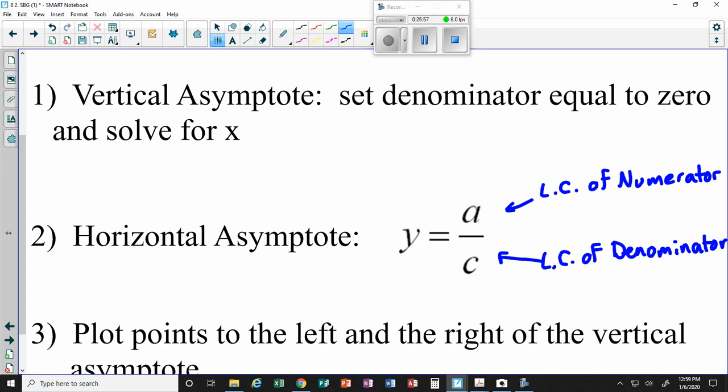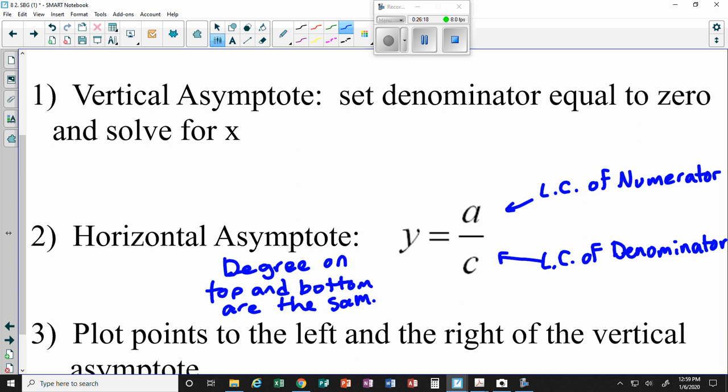Okay? Now, just for future's sake, you do this when the degrees on top and bottom are the same. That's when you do this method. Okay?